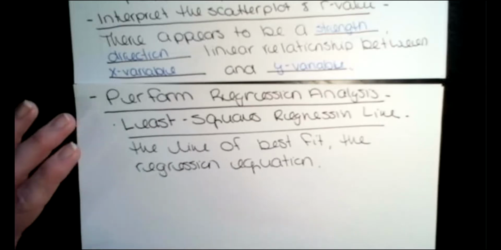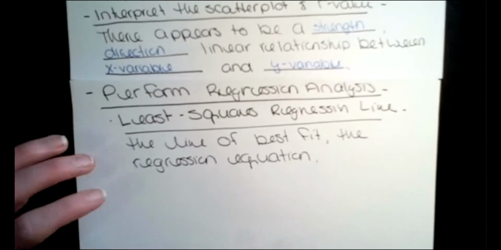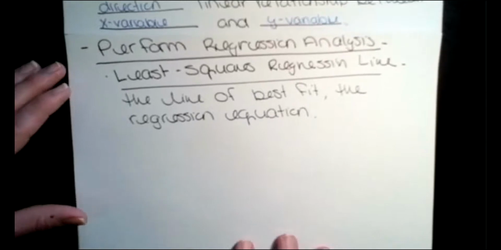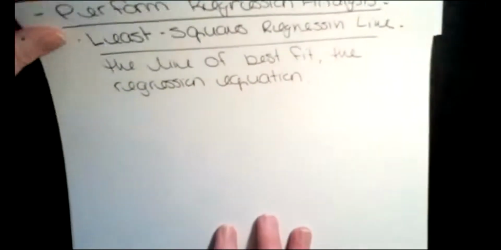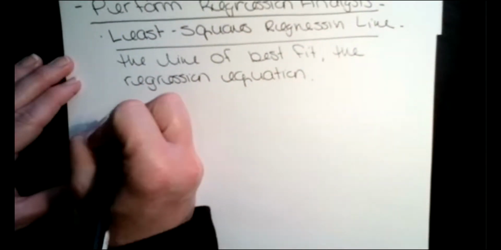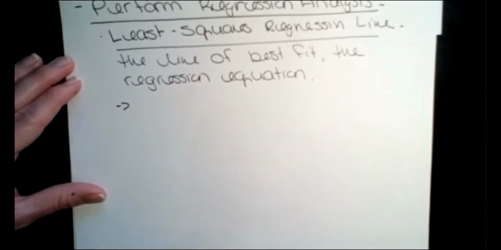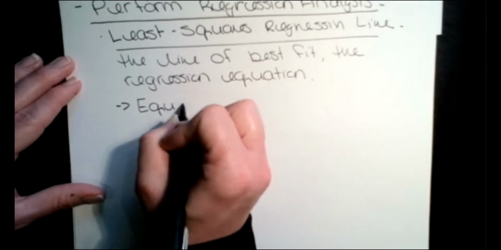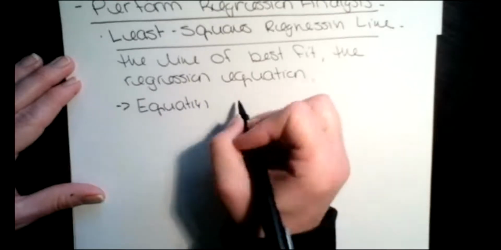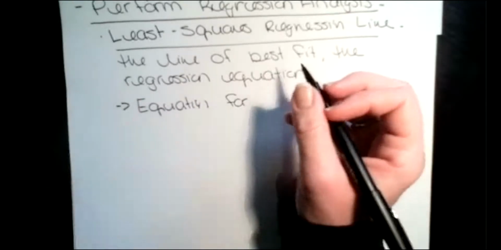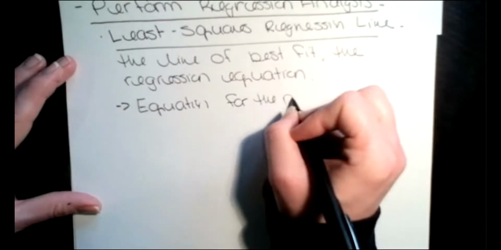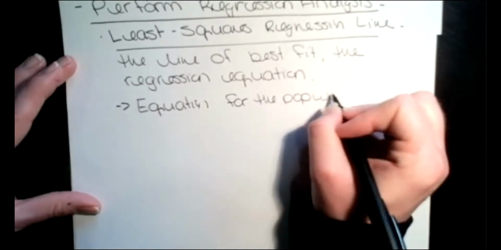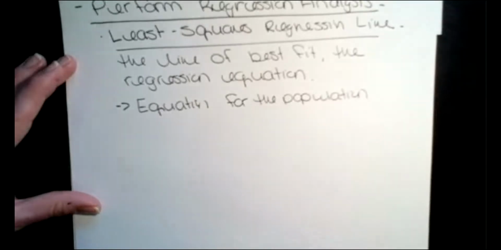So I need to give you some more information about this line of best fit. Now this is going to be a little bit new for us, okay? So we have our equation for the population. See, we didn't do this in step one.